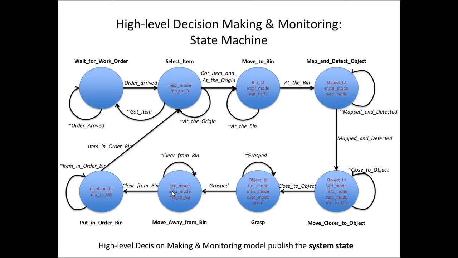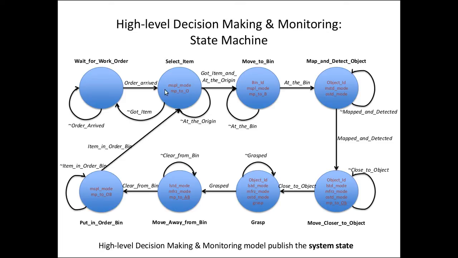After leaving the state, at a point where the arm is away from the bin, I go back to the mapper standard mode, where it publishes one complete version of the shelf, a safe version of the shelf, so that the robot would not collide with the shelf when doing these movements.